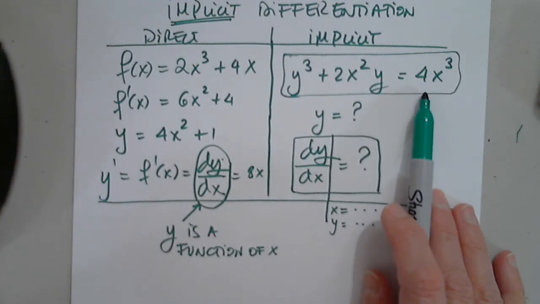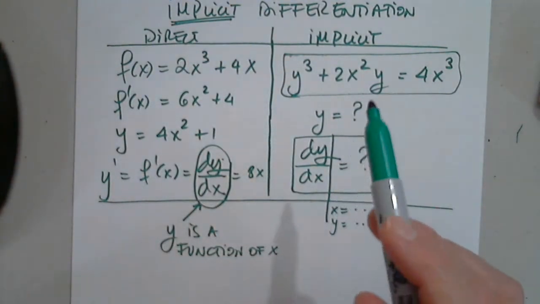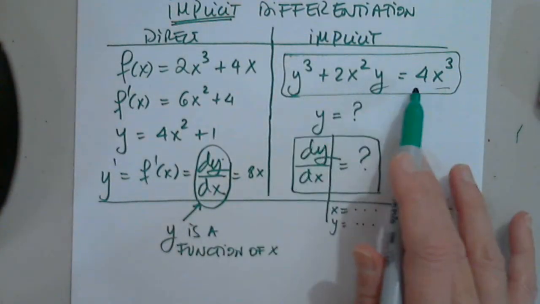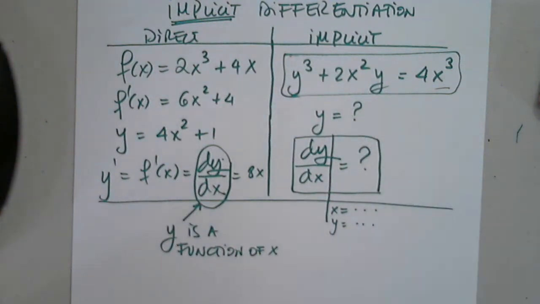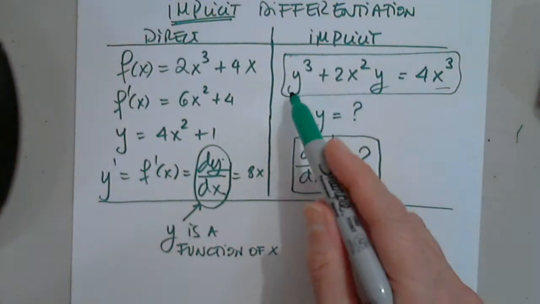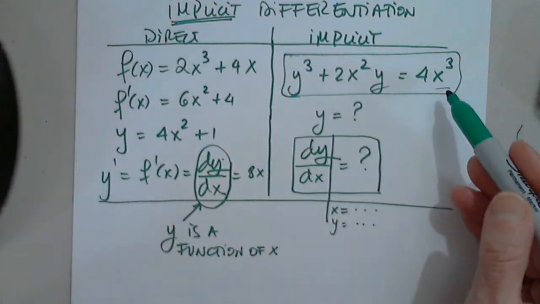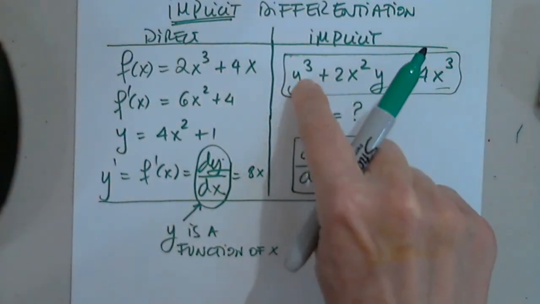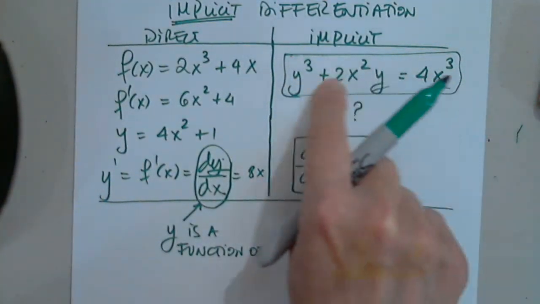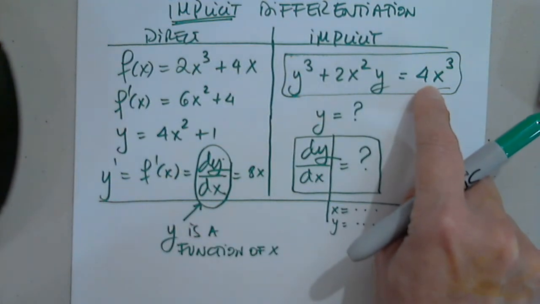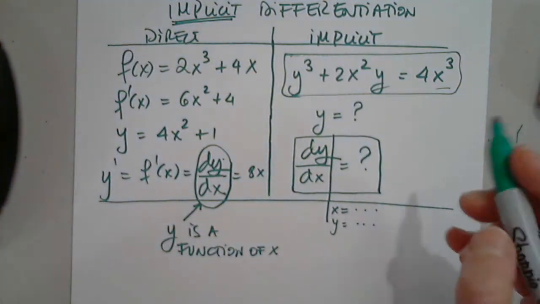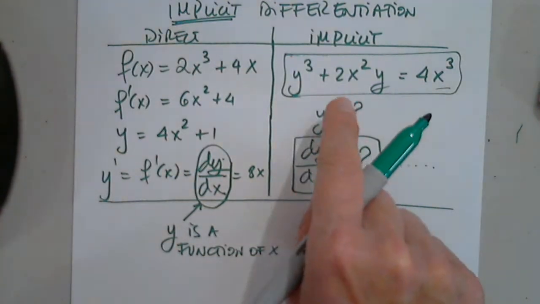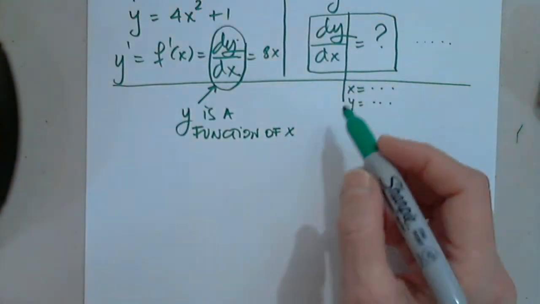I cannot even do it. But I will be able to find an expression for its derivative that I can evaluate for a point that is on this equation, a point that verifies the equation. Then I can say that something I'm interested in on this equation has an instantaneous rate of change depending on the numbers I plug in. So let's look at this and see how we find that dy over dx.